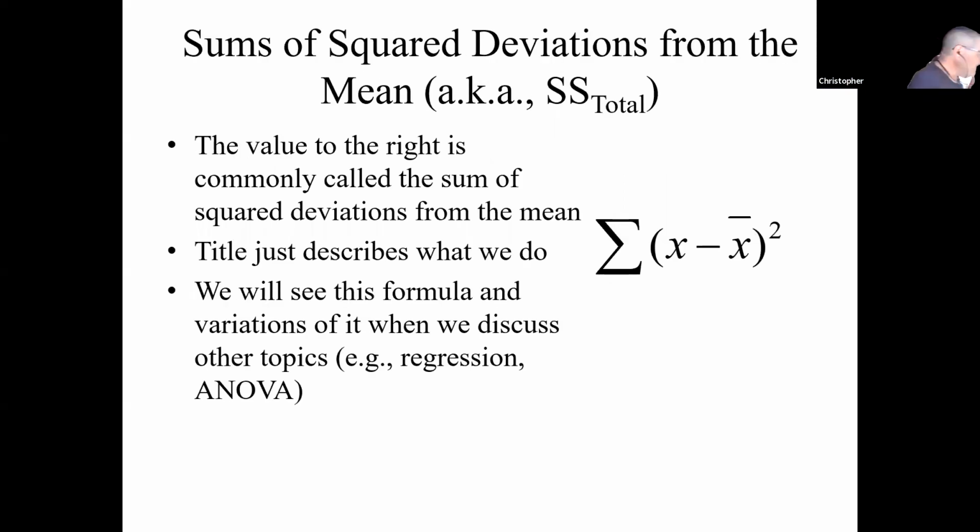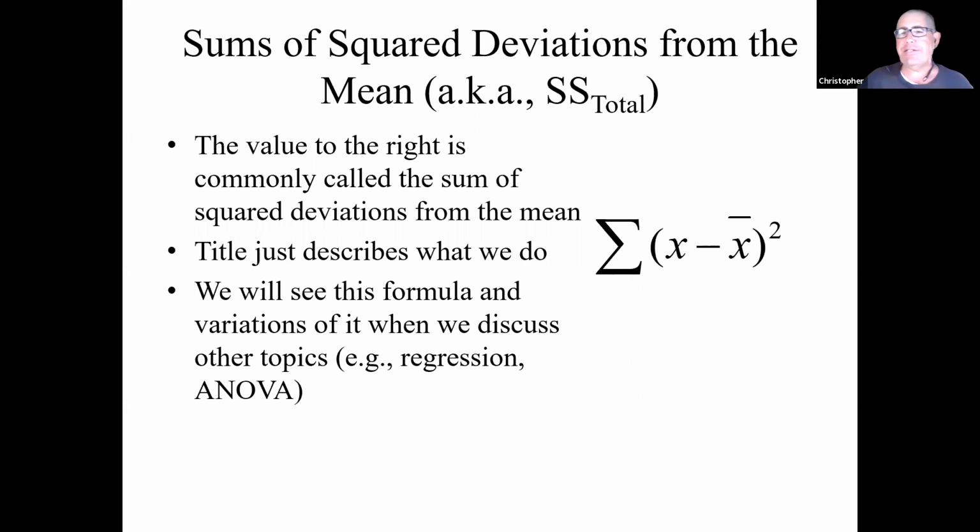All right, one piece I want to talk about from the formula is something that we'll see in a couple of different forms throughout the semester. It's a core statistical concept that weaves its way throughout the class. And that's what's called the sum of squared deviations from the mean, sometimes called SS total. That's referred to by the formula here, which is actually just the numerator of our standard deviation, the sum of x minus x bar squared. It's got a fancy name, sum of squared deviations from the mean.